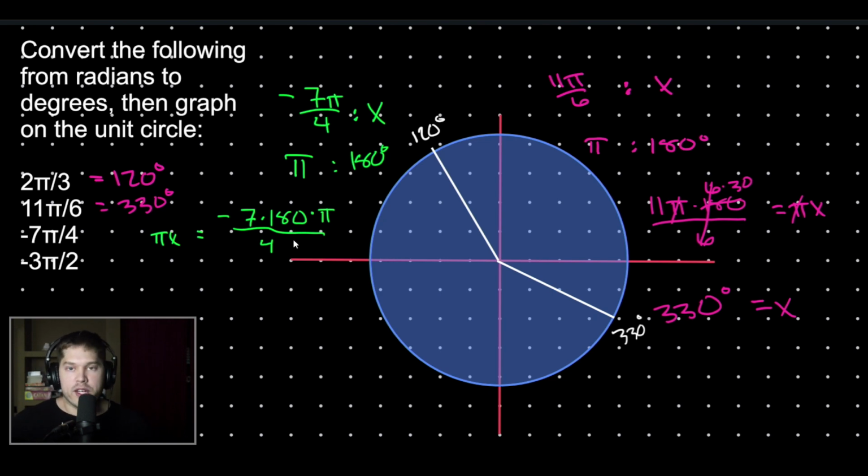So notice that 180 is 45 times 4. So this cancels out to be 45, and the 4 cancels. Now we can divide both sides by pi, and then we are simply left with x equals negative 7 times 45. And next, negative 7 times 45 is negative 315.